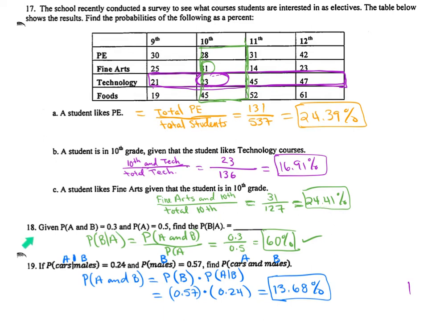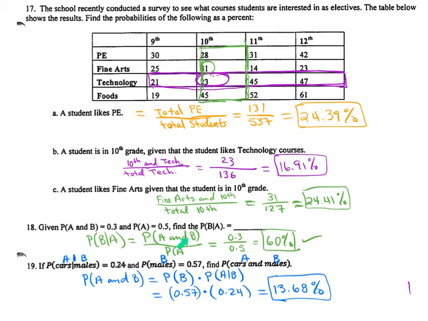All right, then number 18. It says, given that the probability of A and B is 0.3 and that the probability of A is 0.5, find the probability of B given A. So just reminding you of the formula, the probability of B given A is the probability of A and B divided by the probability of A. So then we would just substitute the values that were given.